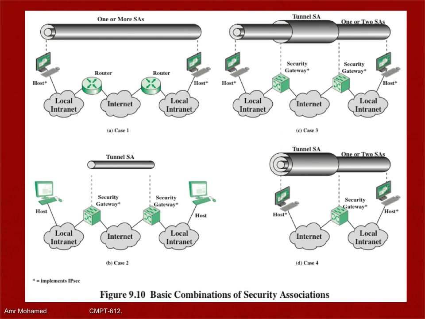So this is one tunnel security association, and you have another transport mode which goes inside that tunnel. If you do this, the tunnel will not be able to identify this traffic at this point.